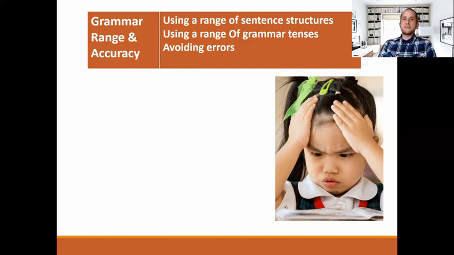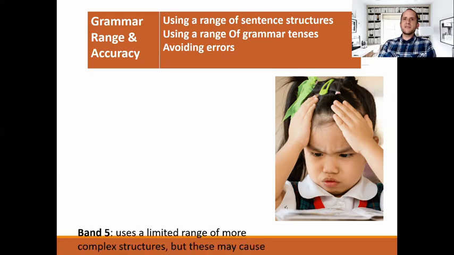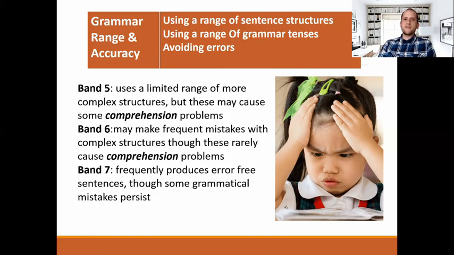And let me demonstrate that to you in the criteria. So we've got band 5, we've got band 6 and band 7 here. Snippets of it taken out from the criteria which the examiner is assessing you on. So we can see a band 5, there's going to be a limited range of complex structures. But the key thing here is that some comprehension problems will occur.